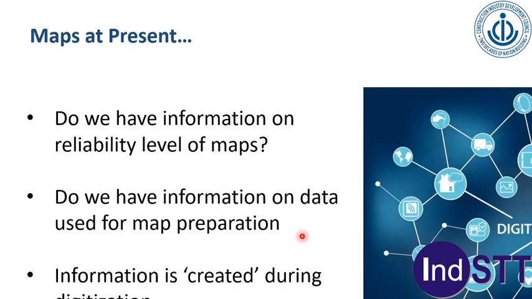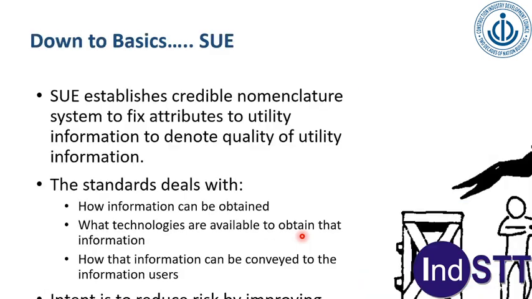That's the problem. So SUE establishes a nomenclature system to fix attributes to utility information to denote the quality of that information. That's the major thing in SUE. What is the quality of the information?